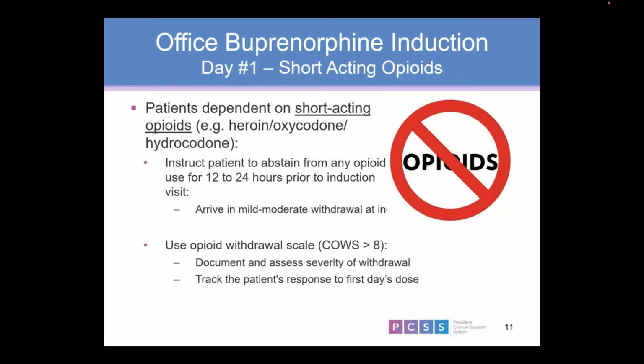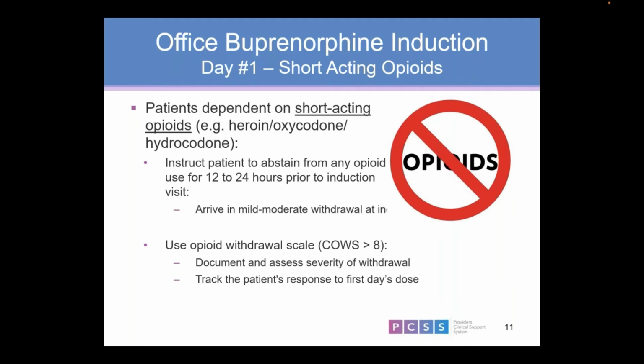So patients on short acting opioids, that's heroin or oxycodone, hydrocodone, stop the medicine 12 to 24 hours prior to induction. They arrive in mild to moderate withdrawal. And then you want to see the COWS, the Clinical Opiate Withdrawal Scale, greater than an 8.